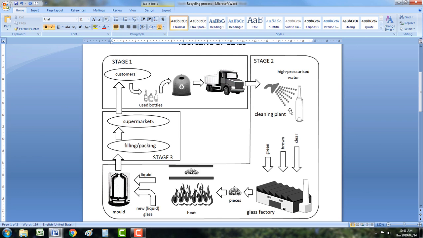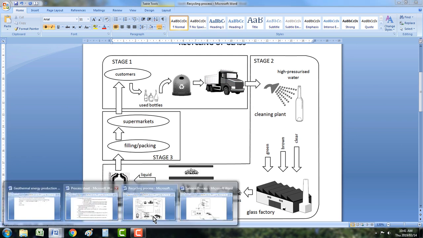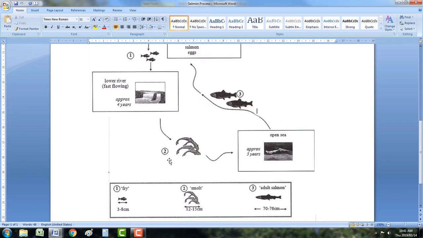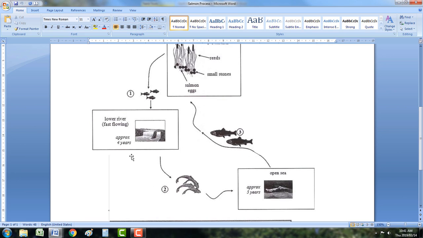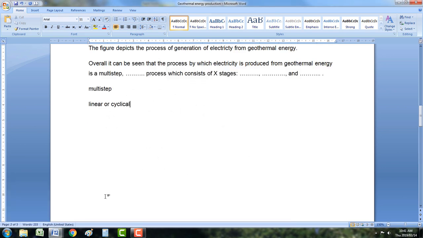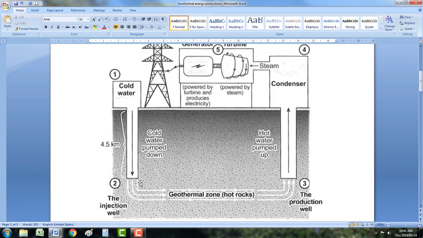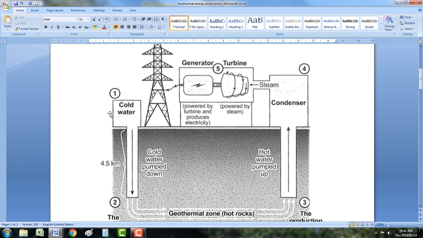So this one is obviously cyclical. Also, this salmon one is also cyclical. But our one today is actually linear. Be careful. It looks like it's cyclical. And this happens often when students think it's cyclical because it's in a circle, but it's actually linear.